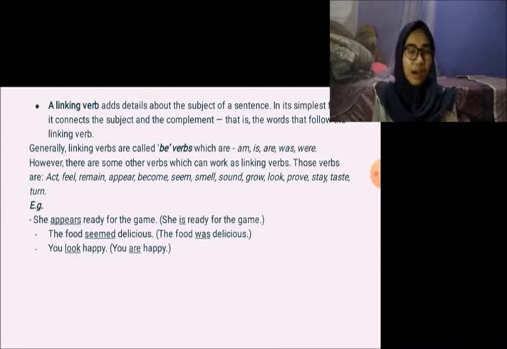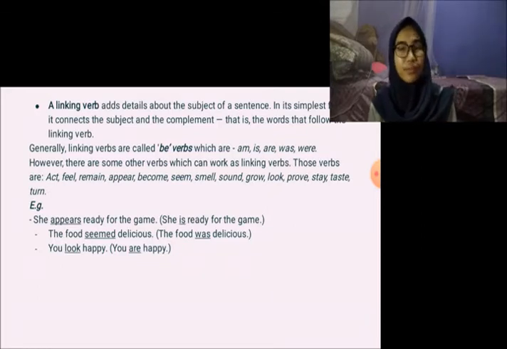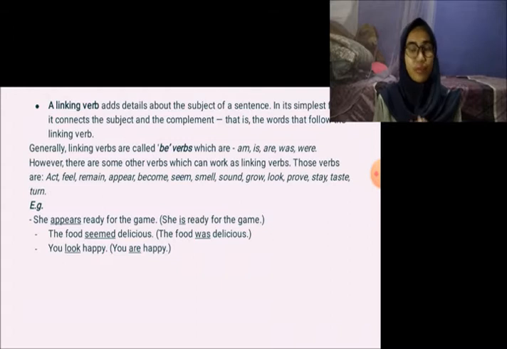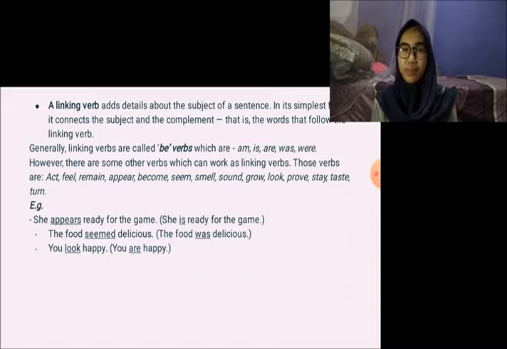However, there are some other verbs which can work as linking verbs, such as act, feel, remain, appear, become, seem, smell, sound, grow, look, prove, stay, taste, and turn.